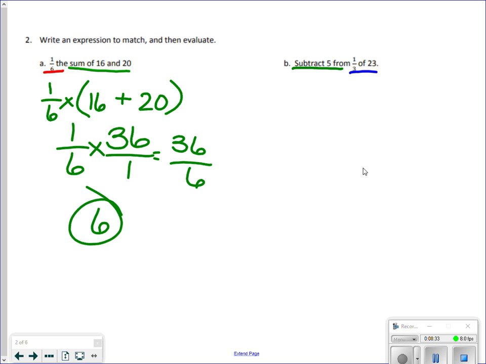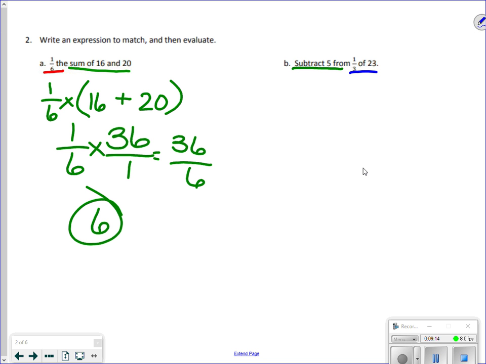Don't guess. Listen to the problem. Subtract 5 from that. It goes in the back. If it's in the front, it would say 5 minus. That says 5 from it, which means I've got to do the work, and then I've got to take 5 from it. So 5 goes in the back.